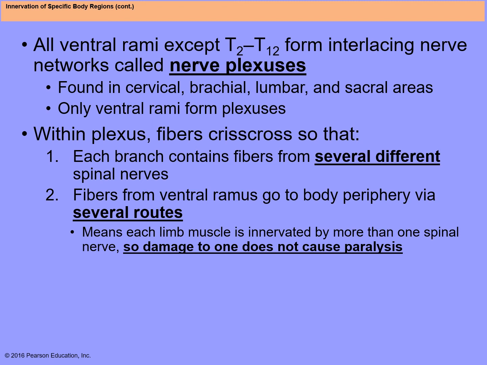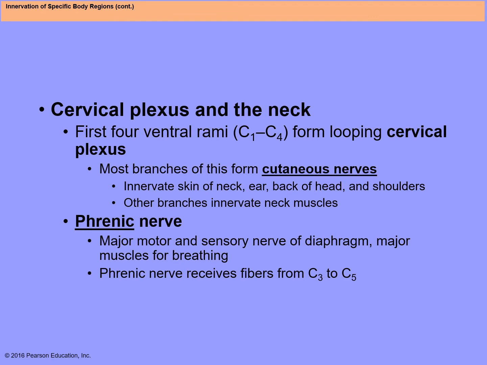No. So that if there is flooding and one road is flooded, or you've had an accident and it shuts down a road, do you have any other access way of getting to the hospital? Well, I certainly hope so. Most hospitals are built in a more central location, and you have multiple roads that you can access that hospital. It's kind of like that with the nerves: you have multiple nerves coming down and innervating each of your muscles. It's kind of like having a backup plan.